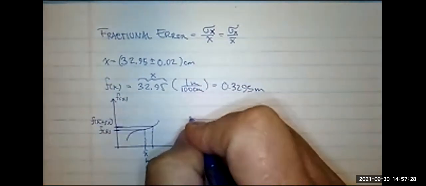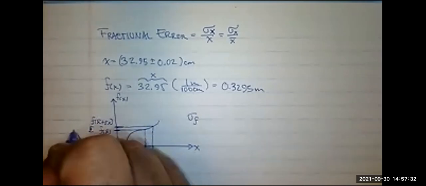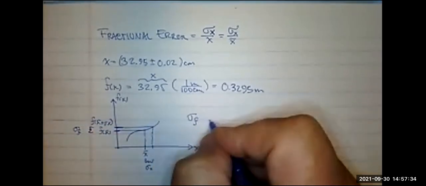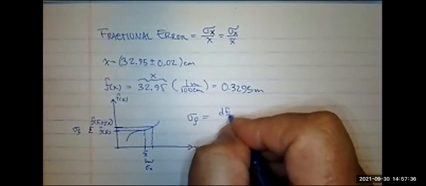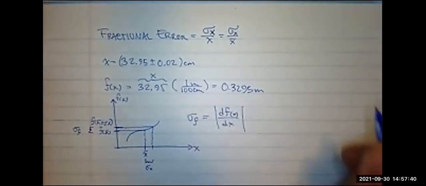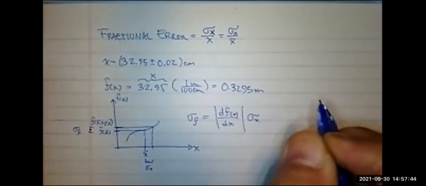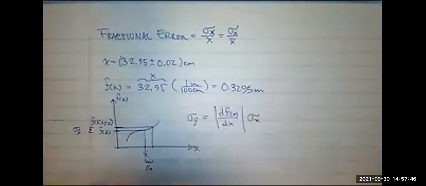And you can probably see that sigma f, this distance right here, is equal to the absolute value of the derivative of f of x with respect to x, because we're always going to treat it as positive, times the uncertainty in x. So that's one of our formulas.